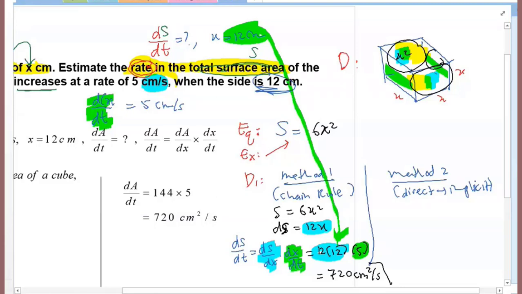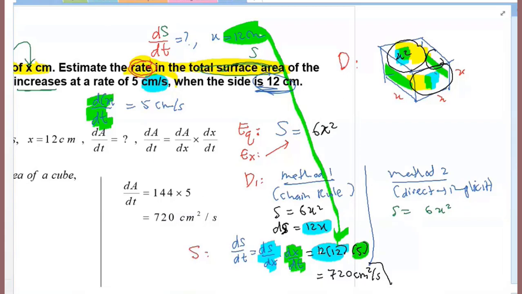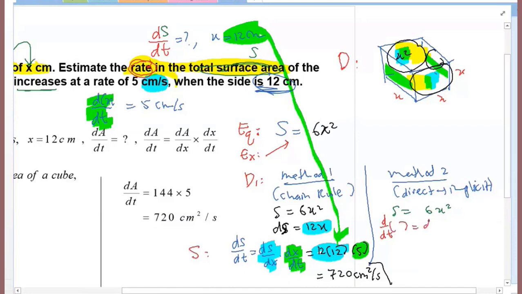Okay, this one is solved. The next method, direct. For direct, s is equal to 6x squared. We're going to find ds/dt, with respect to t. Differentiate s with respect to t.